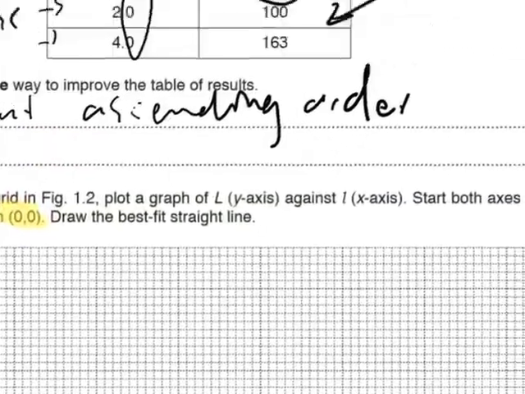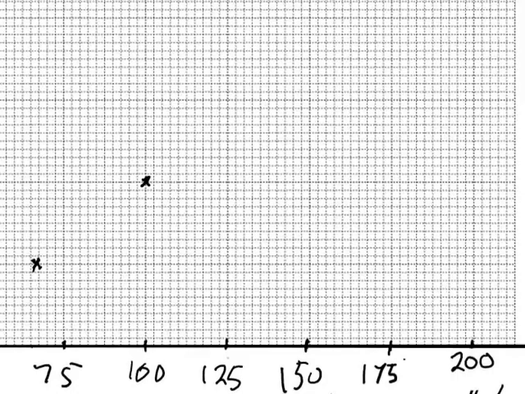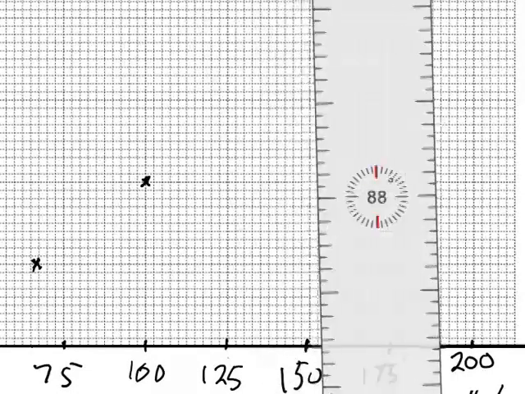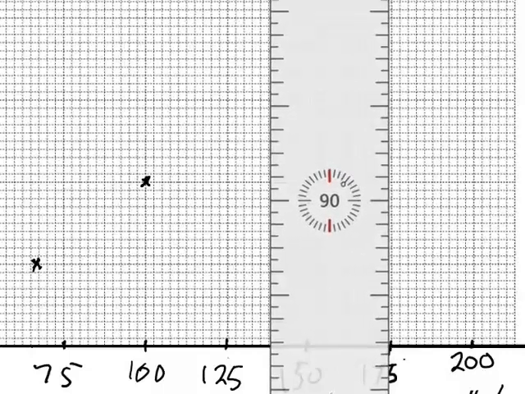And then we have 3, 130. Again 130. So the middle one here, take the middle part. 125 plus 150 divided by 2. This is 137.5.